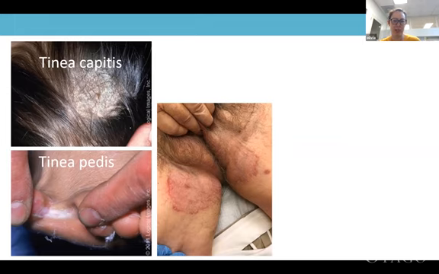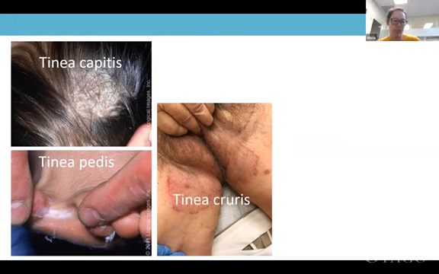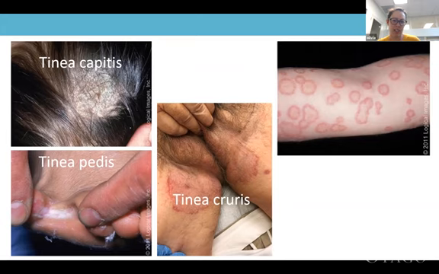This one. Any ideas? General part of the body? Corpus. So this is cruris, which just means the groin genital area. This one someone said before.